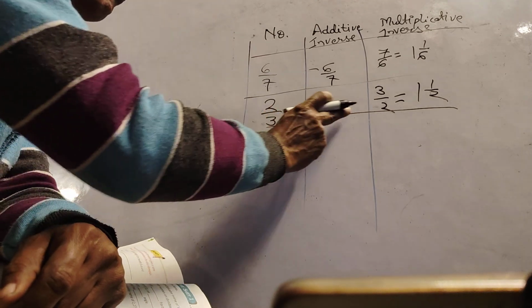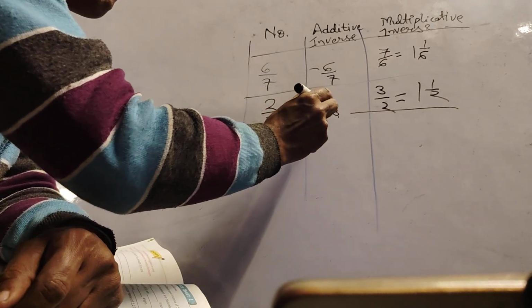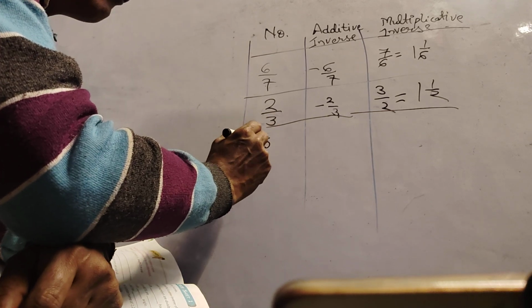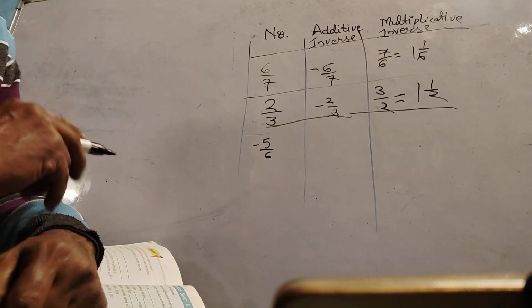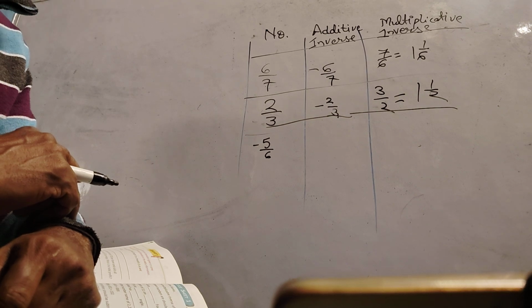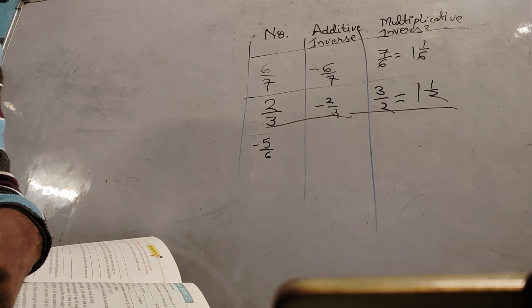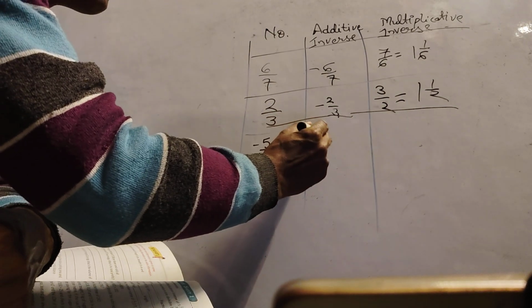Now can you tell the additive inverse of negative 5 over 6? 5 over 6.